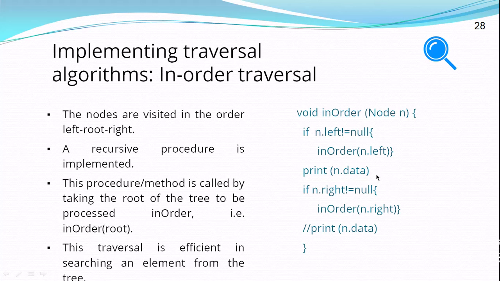And when I've done that, providing there is a right branch to explore, I'm going to explore the right branch. How do I do that? Well, I'm applying the procedure inorder, the set of instructions again to the node's right hand branch belonging to node n.